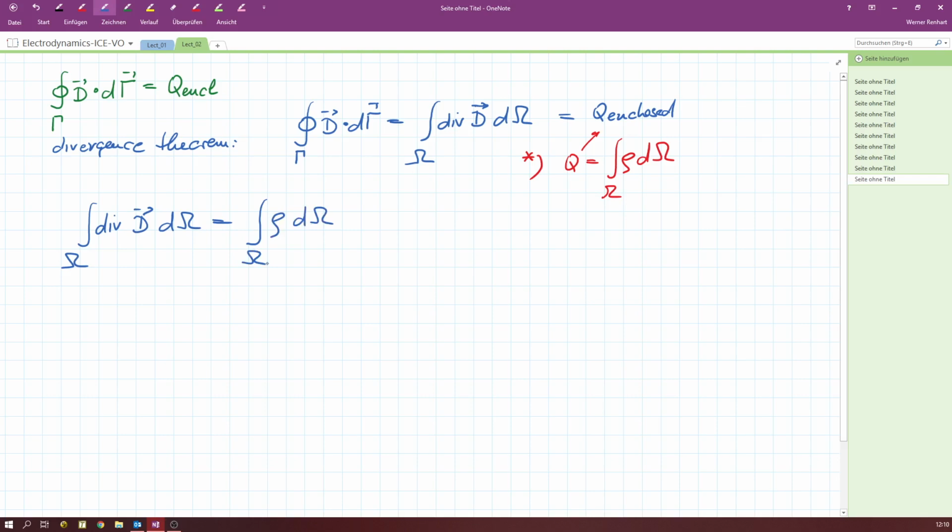Now we have a relation where we have some integrand and the same delta omega. This holds for any arbitrary volume omega if the integrands are equal.